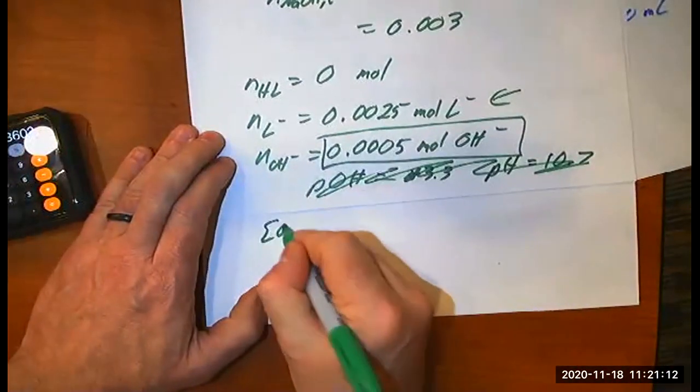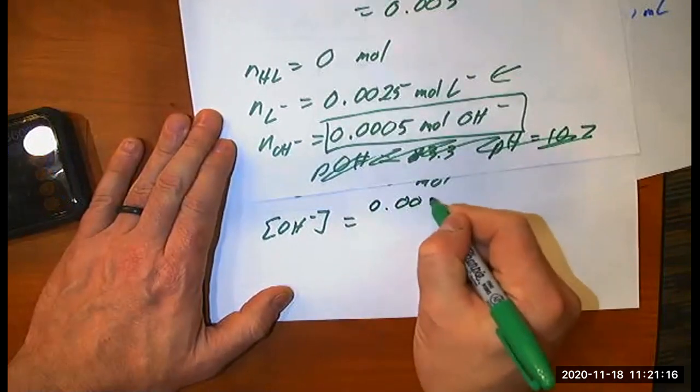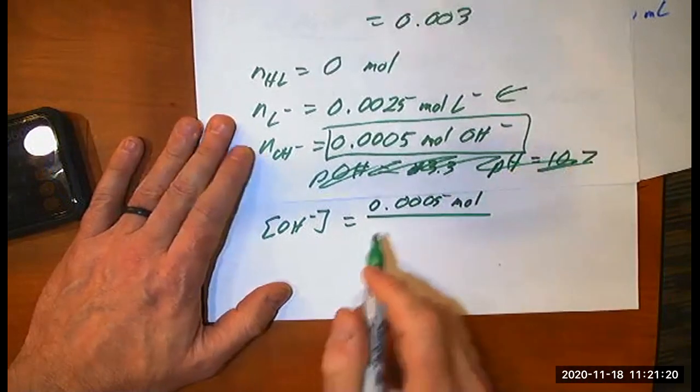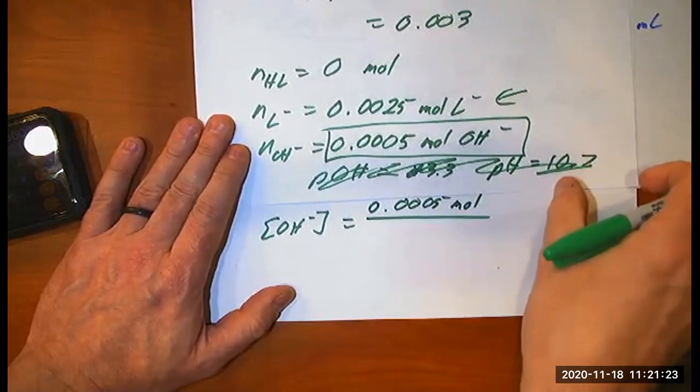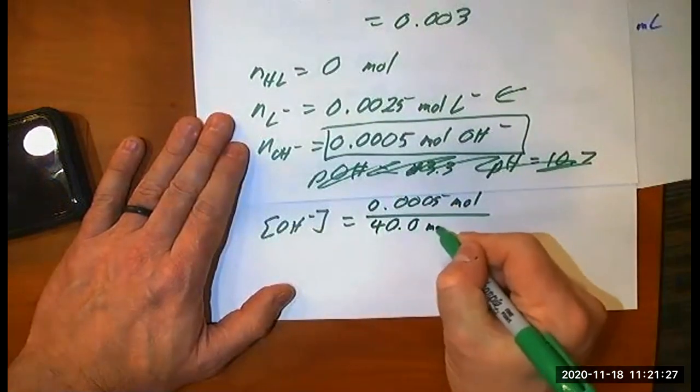So the concentration of OH minus is going to be 0.0005 moles over our total volume. 15 plus 25, that's 40 mL.